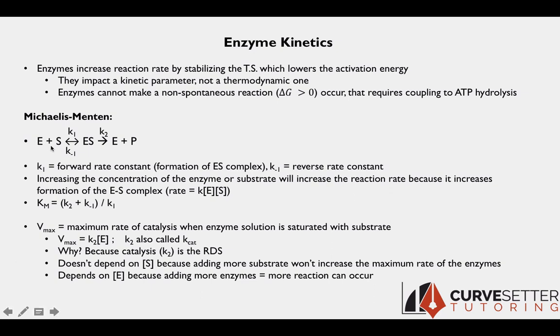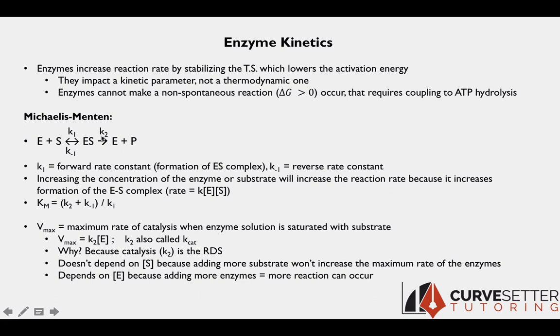If you have an enzyme plus a substrate, that forms the enzyme-substrate complex, and then the reaction occurs here, and then you have enzyme plus product at the end. We have a number of different rate constants, so the forward rate constant going from enzyme plus substrate to ES complex is referred to as K1, and then K negative 1 is going from ES complex to E plus S.